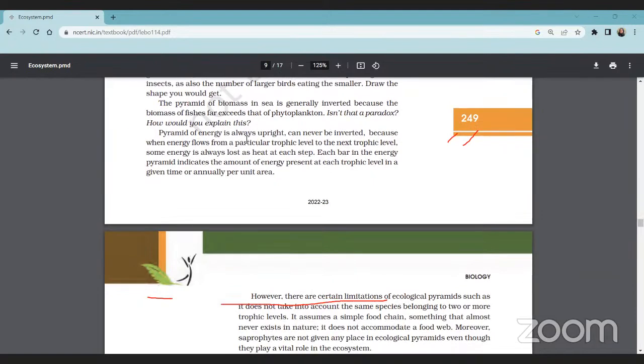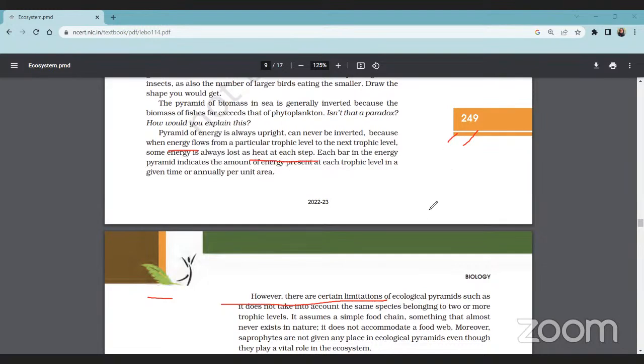The pyramid of energy is always upright and can never be inverted, because when energy flows from a particular trophic level to the next trophic level, some energy is always lost. Why is it upright? Because some energy is lost as heat at each step.